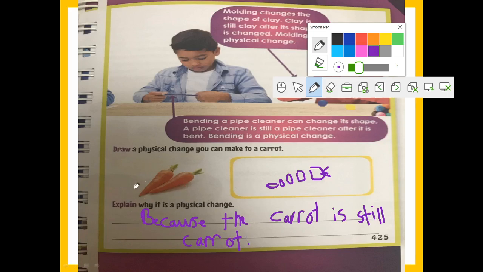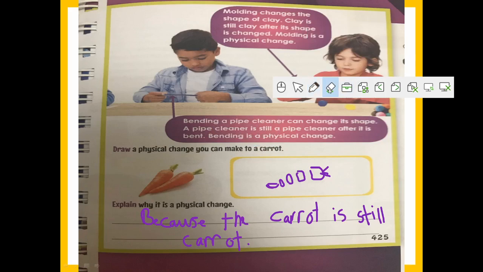Before, here, before the cutting, it was carrot. And now here, it's still carrot. So the carrot before and after cutting, okay?